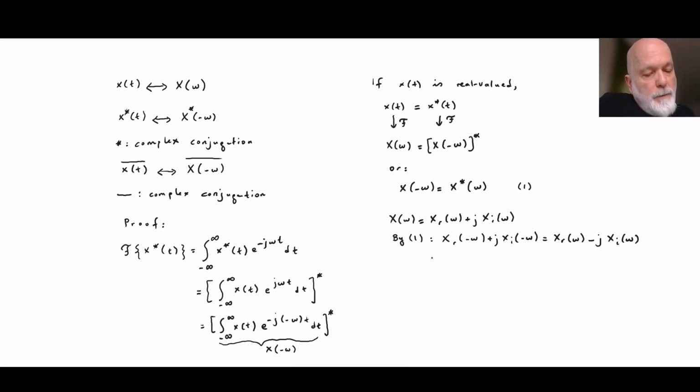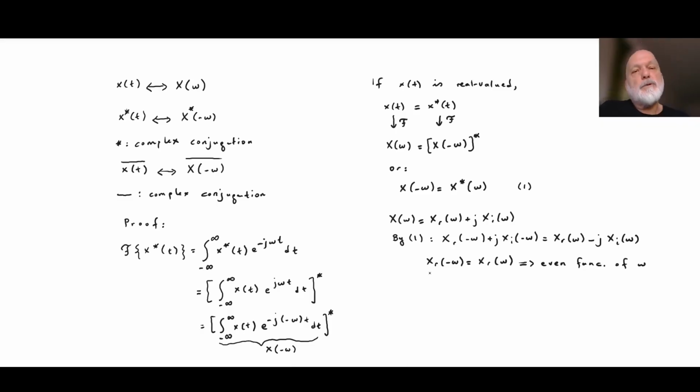So we obtain the following results. Xr of minus omega is equal to Xr of omega, so this is an even function of omega.